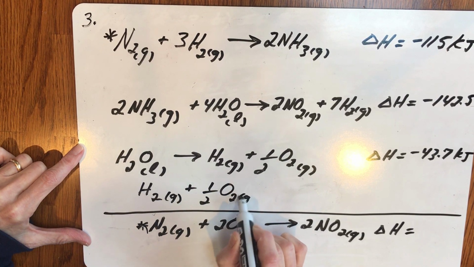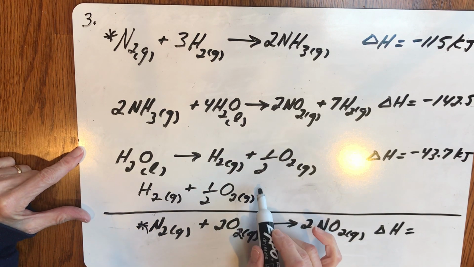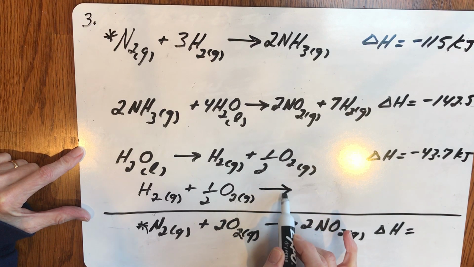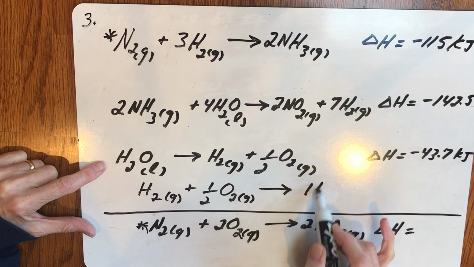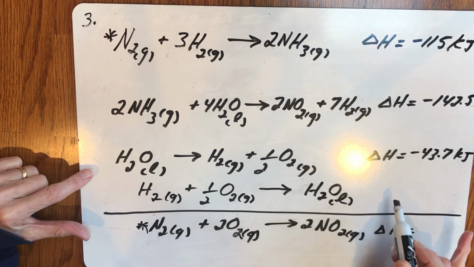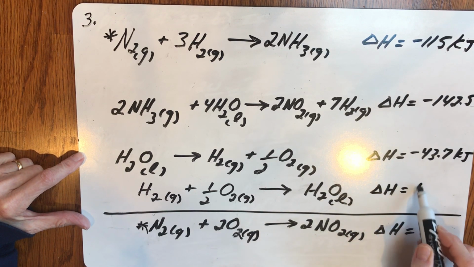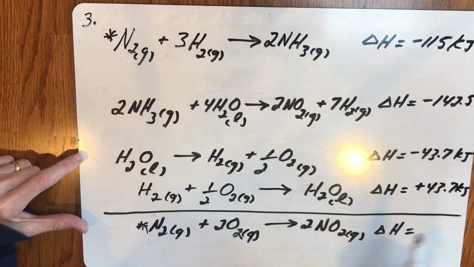And we haven't used fractions to balance equations much, but it's possible to do that. It works the same way. It's just a half of a coefficient. And that becomes H2O liquid. So right now, my delta H becomes positive 43.7 kilojoules.